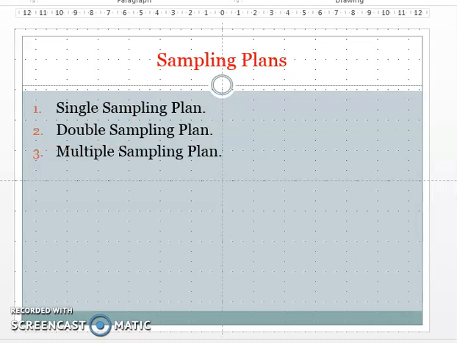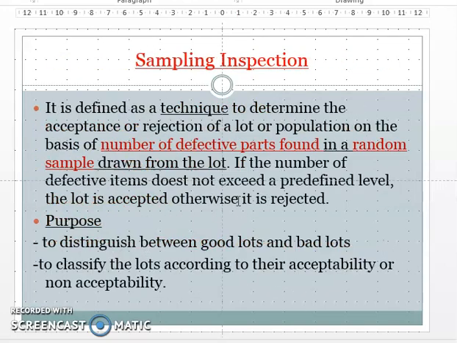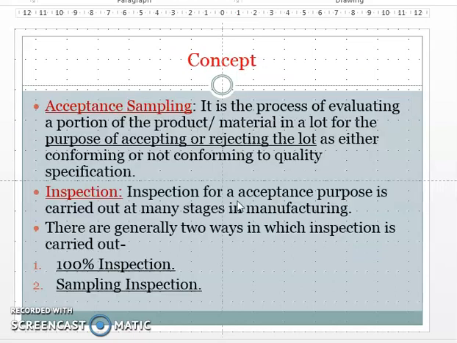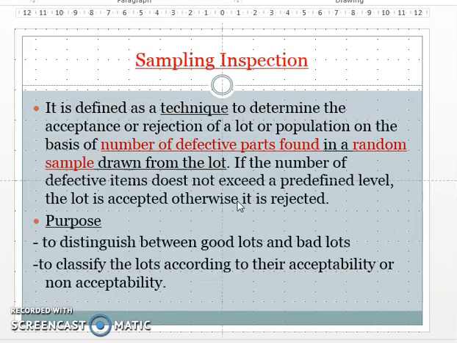Okay, we will discuss the single sampling plan and double sampling plan in the next video. Before that, once again we will see what we have seen: the definition of acceptance sampling, 100% inspection and sampling inspection. What is 100% inspection, what is sampling inspection, and what is the purpose of sampling inspection.